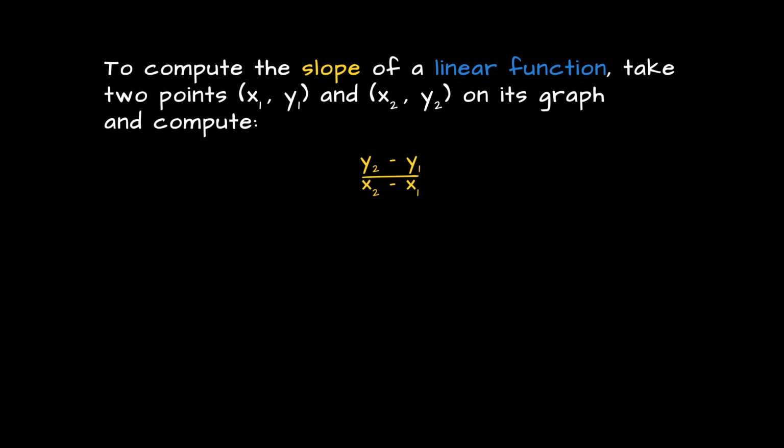That is to say, the change in the y values divided by the change in the x values. Notice, by the way, that that's the exact same thing as y1 minus y2 divided by x1 minus x2. So the order in which we subtract doesn't make a difference as long as we subtract in a consistent way.